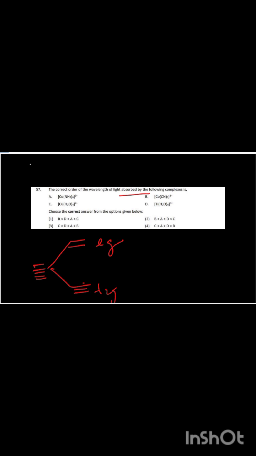Now the wavelength of light depends on when an electron jumps from a higher orbit to a lower one, suppose wavelength of light is emitted. So this wavelength of light we have to arrange in the correct order. This wavelength will depend upon the difference here, that is the crystal field splitting energy.